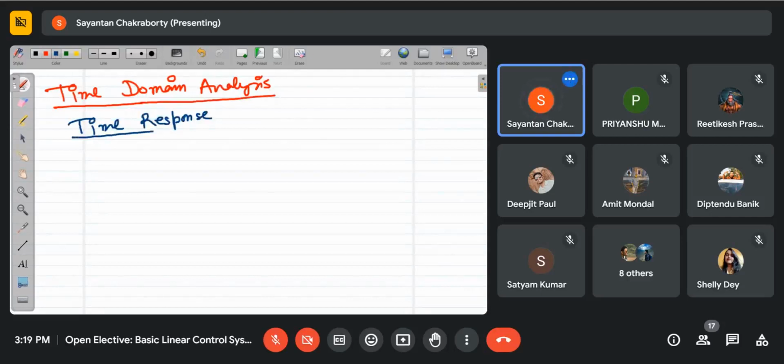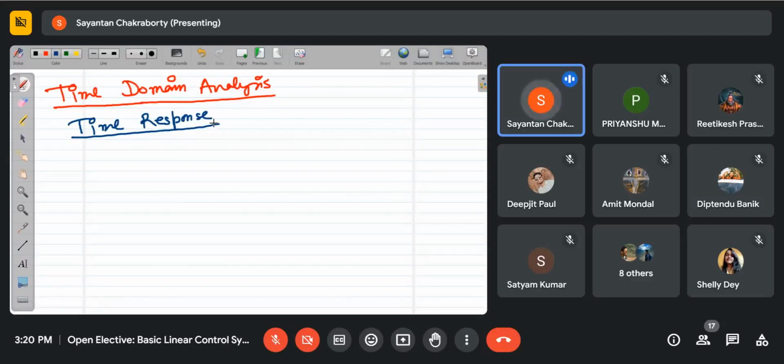Now, time response means whenever we're trying to study a given system or the behavior of a given system, the main thing that we are interested in is how the system behaves when excited by an input or given a perturbation.